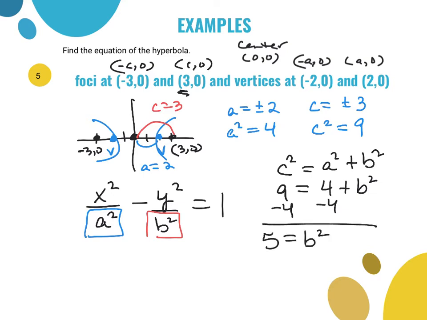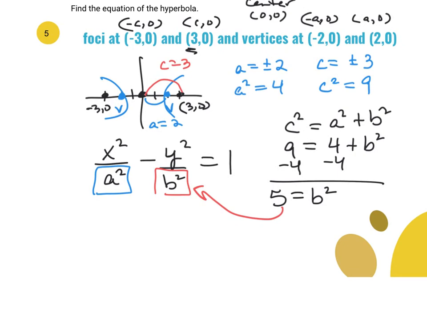I do not need to square root it because all I'm looking to fill in is b squared. So let me go ahead and fill in x squared. a squared is always the denominator of the first fraction. y squared over 5 equals 1. And you're done.